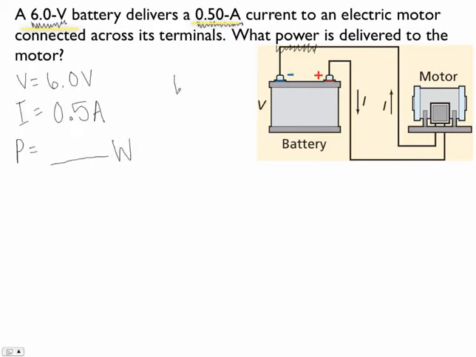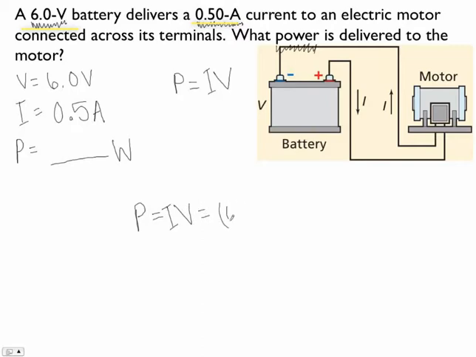And so we're going to use our power formula. Power is equal to I times V, or current times voltage. And we don't have to put it in the triangle because it's already in a form that we like. So we can just go ahead and do our math.